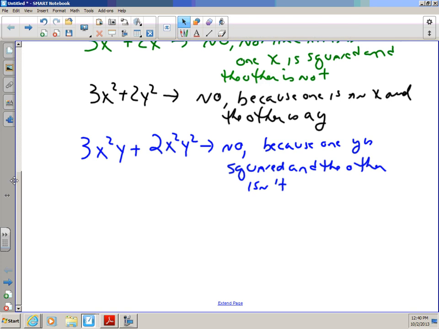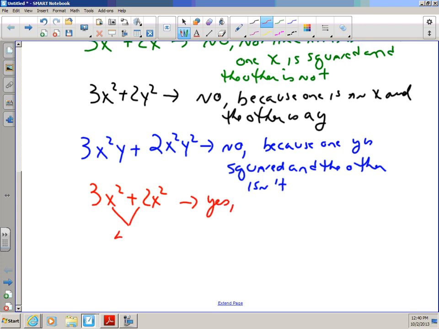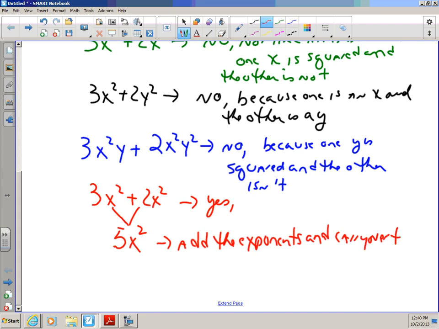And then finally, 3x squared plus 2x squared, that is yes, and the result is 5x squared. Key point is you add the coefficients and carry over the variable or variables.